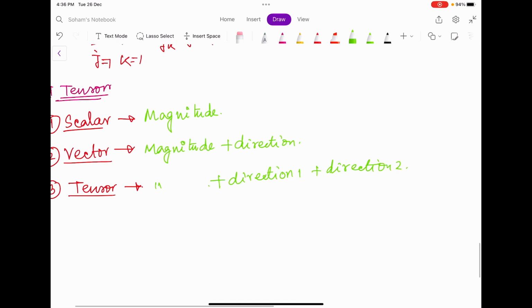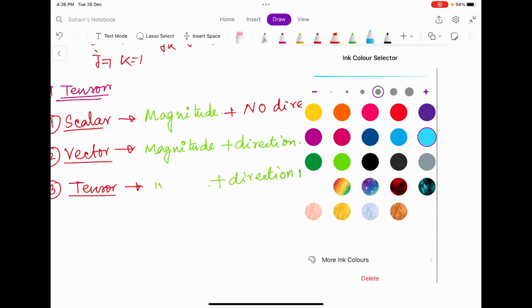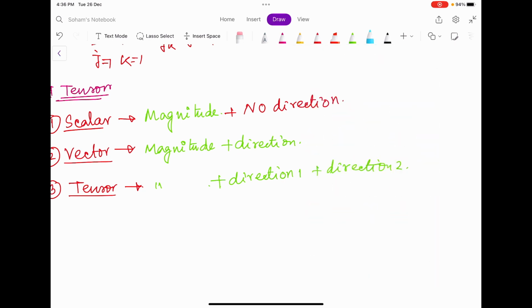So we can say that the scalar is having magnitude plus no direction information, or magnitude plus zero information.